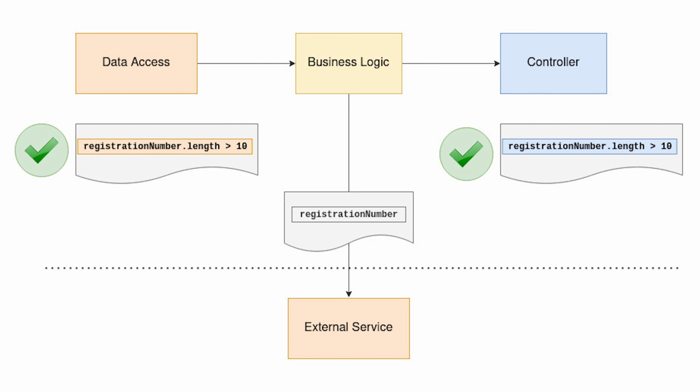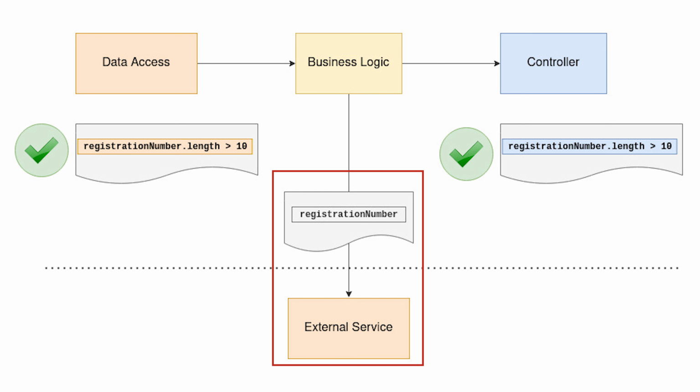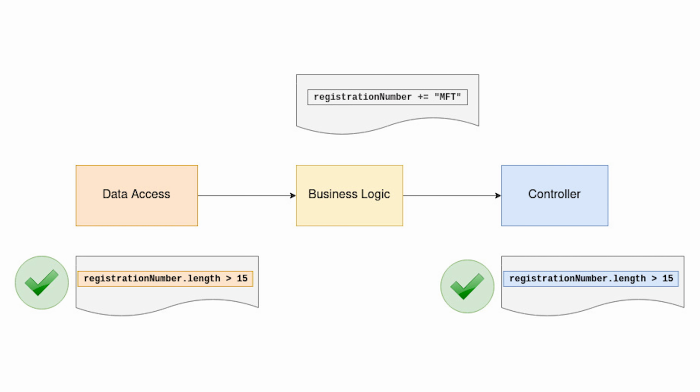And the destination of the input params is not only the persistent layer; you may invoke external services while executing the business logic. It is also essential you validate data at the data access layer, since the input params could have been manipulated while getting routed through the service or business logic layer.